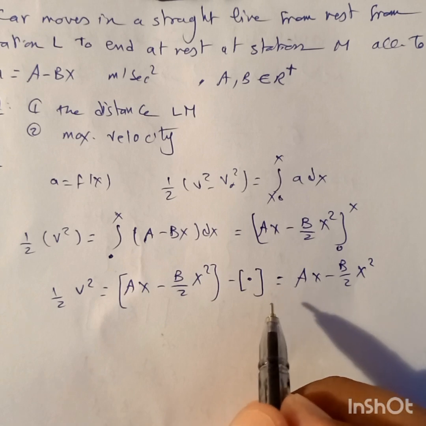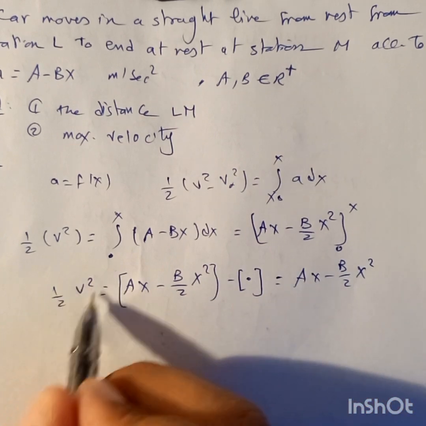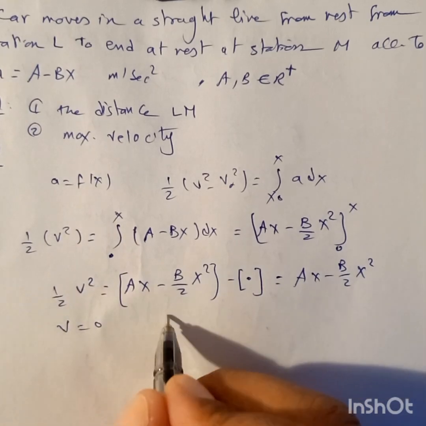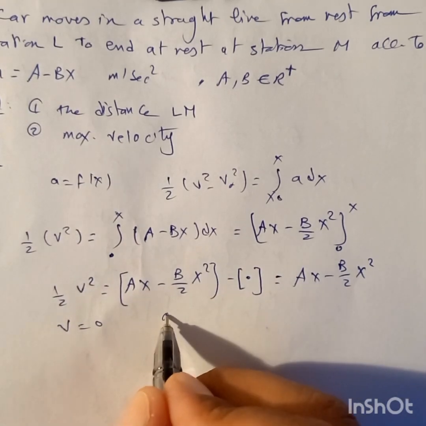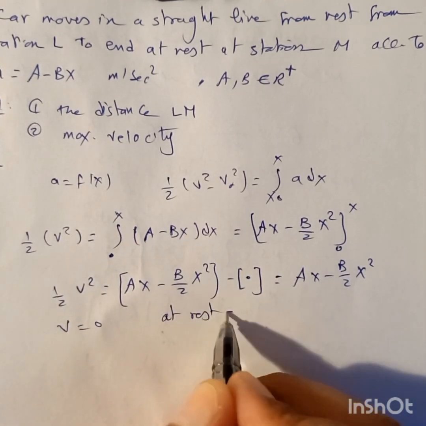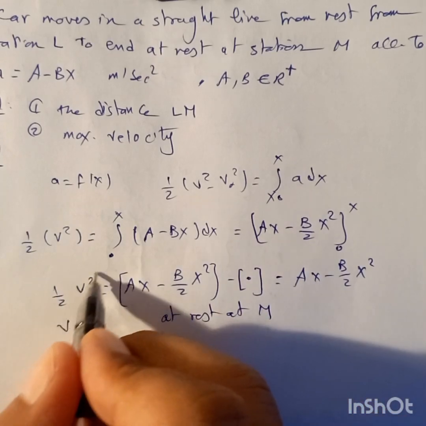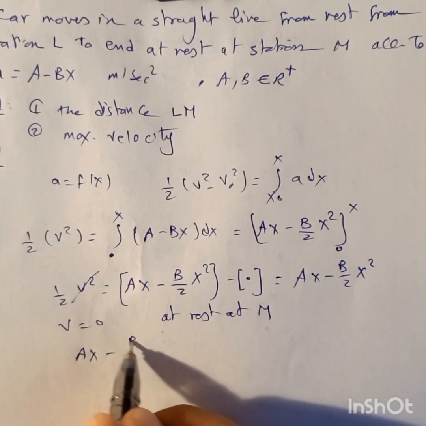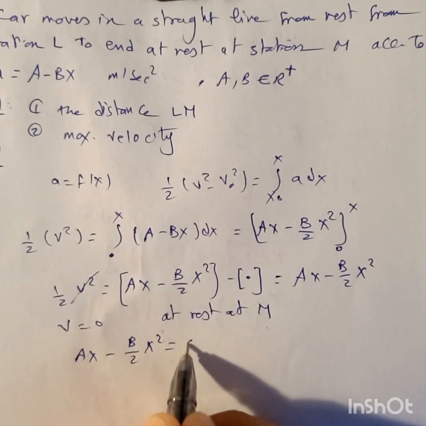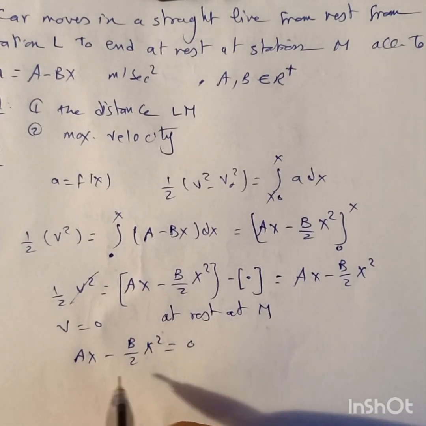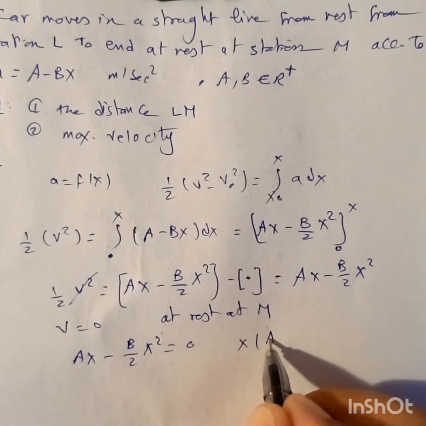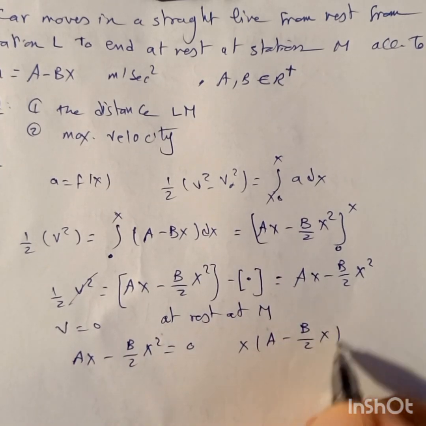Then we can find, as v final equals 0, as the car is at rest at station M, then we also have v equals 0. Then we have ax minus b over 2 x squared equals 0. Okay, then we can take x as a common factor: x times a minus b over 2 x equals 0.